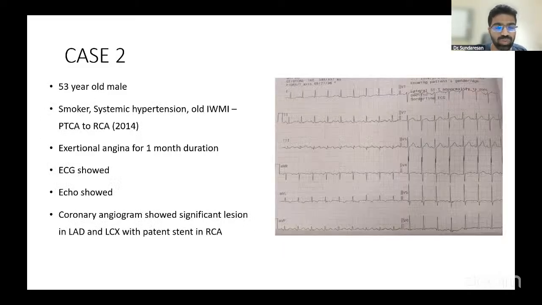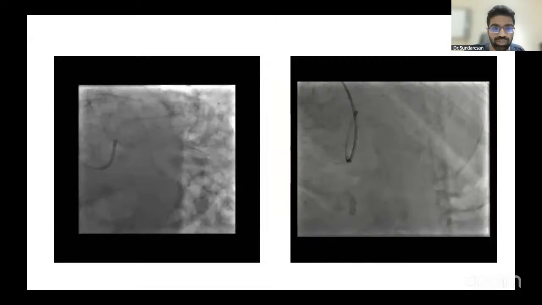So next, going with a second case, it was a 53-year-old male who was a smoker, hypertensive, who already had an inferior MI in 2014 and had a primary PCI to RCA done. Now presented to us with 1 month duration of exertional angina in OPD, and ECG showed less than 1 mm elevation in lead 3 and ST depression in AVL, and echocardiography showed normal LV function, and we did a coronary angiogram for this patient.